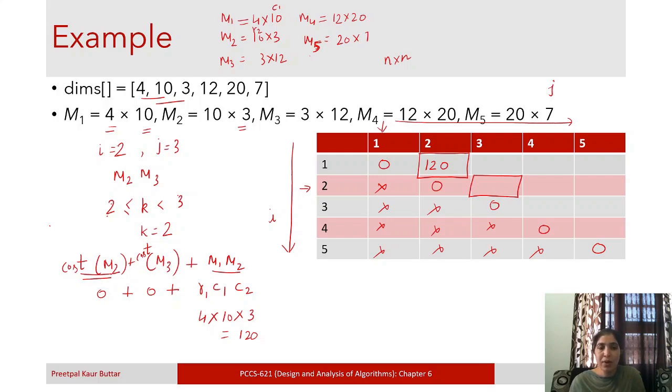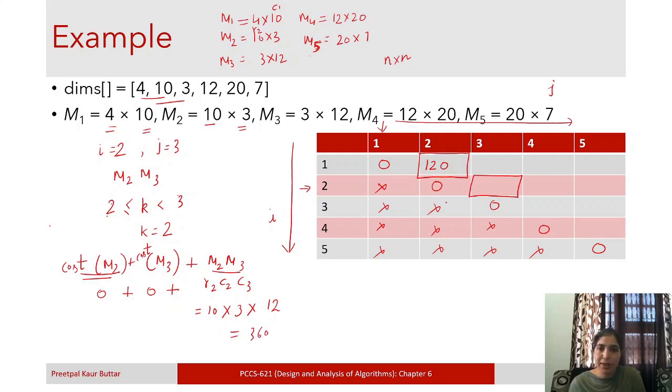The cost of M2 means M[2,2], which is 0. The cost of M3 means M[3,3], which is 0. Then the cost of multiplying M2 and M3 together is R2, then C2 and C3. R2 is 10, C2 is 3 and C3 is 12. It is equal to 360, right?